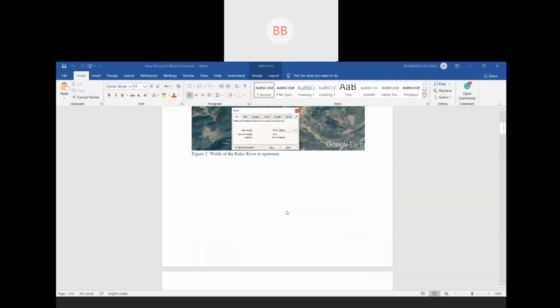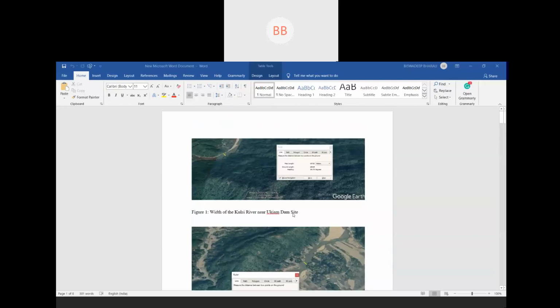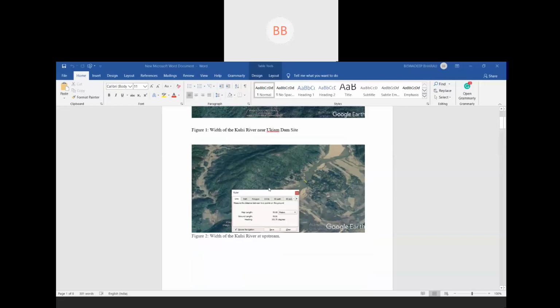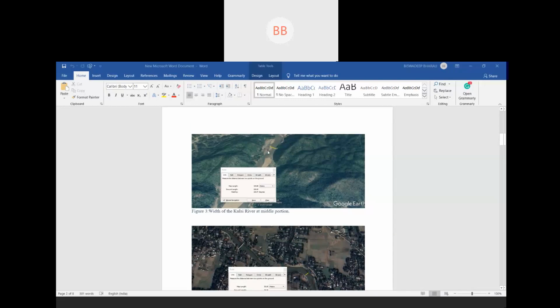In some locations in the river it is very difficult to reach and measure the width of the channel, so we use satellite data to find the width of the river in those locations. This is the width of the channel for the Kulsi River at different locations.